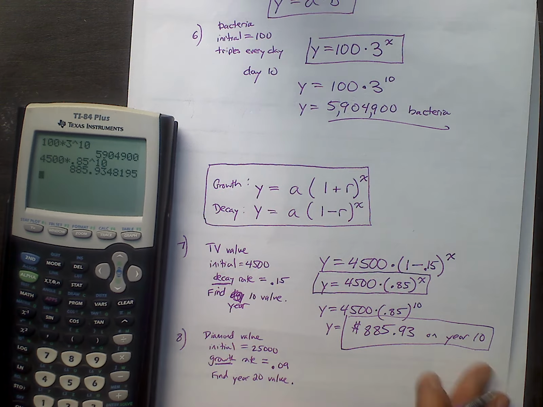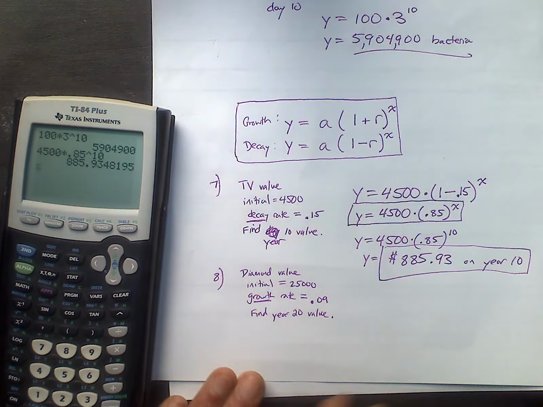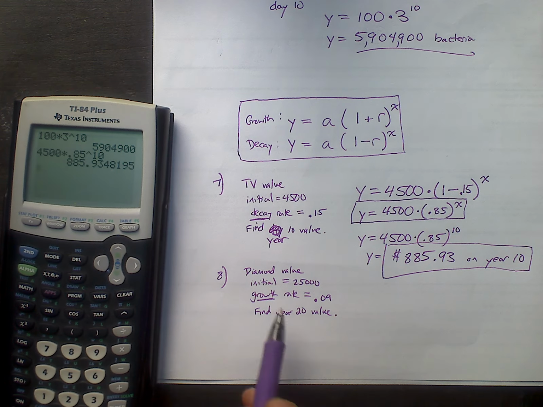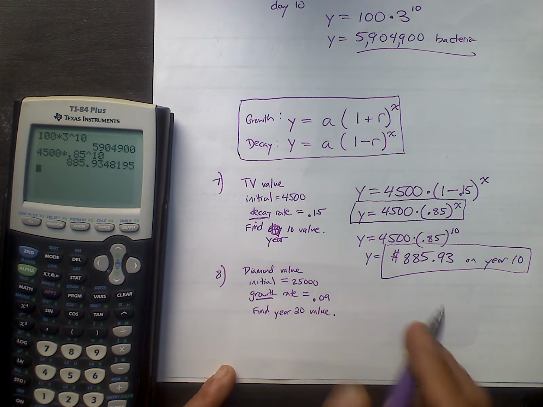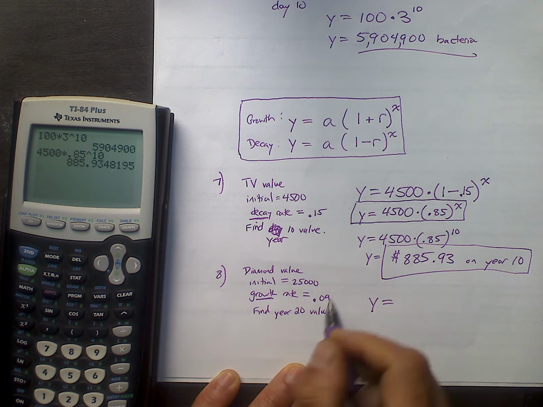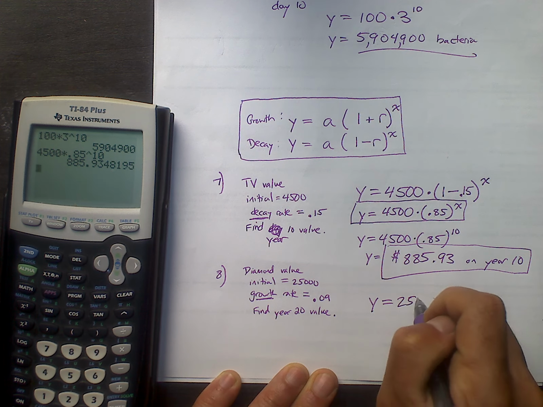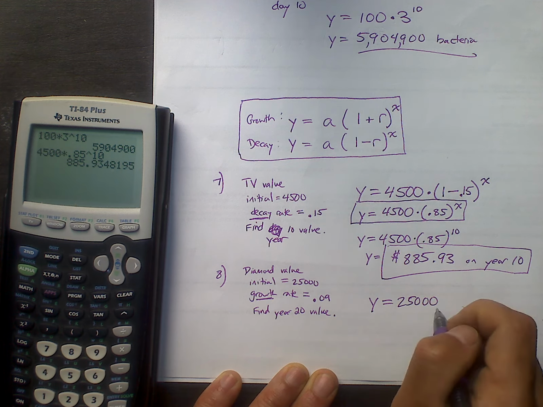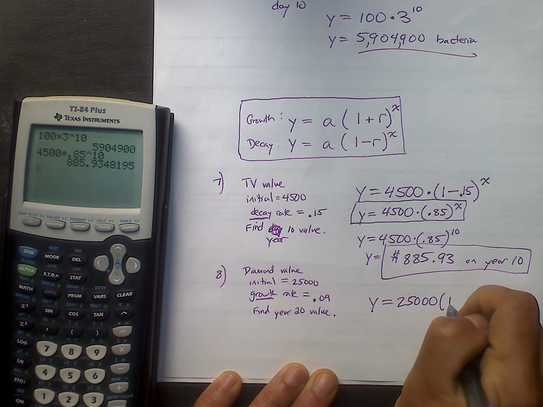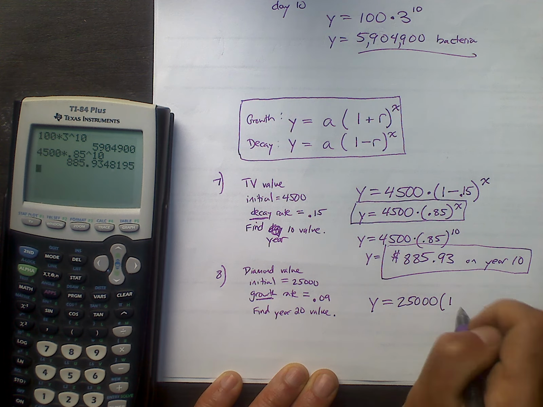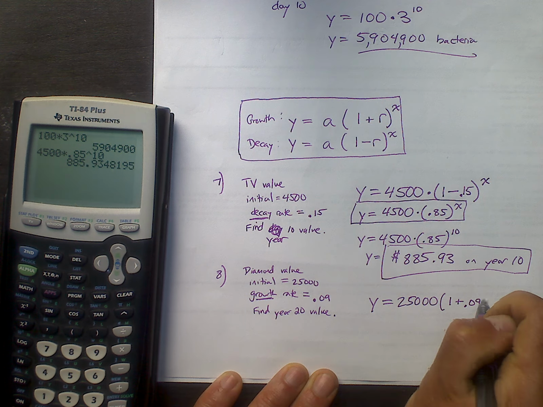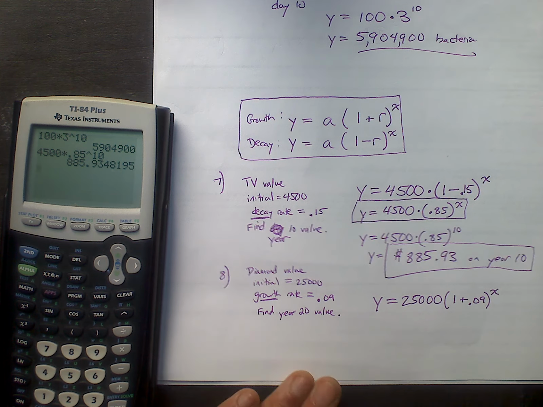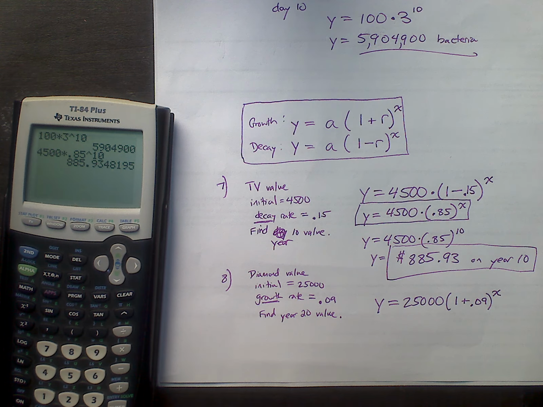Similarly, we have a growth problem, and it's given as a rate, not as a multiplier. So the initial value of this diamond is $25,000. It increases by 9% each year. So it keeps its initial 100% of its value, plus I change that 9% to a decimal, and I raise that to the number of years that is being invested.